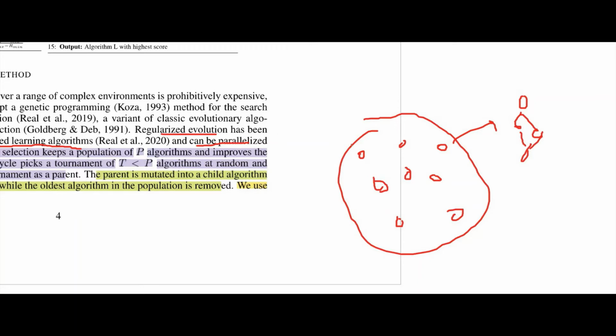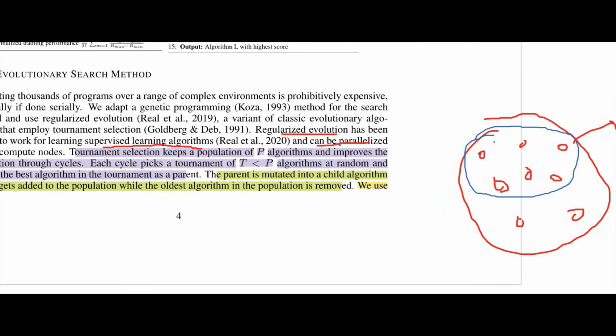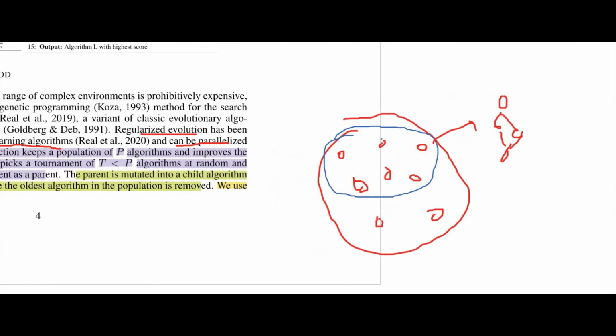And the evolution works in tournaments. In each cycle you have a tournament, which is a subset. You choose a subset of algorithms. You use each of these algorithms to train an agent. You evaluate those agents and you get a reward. And you pick the best agent, the loss which led to the best agent, as a parent.